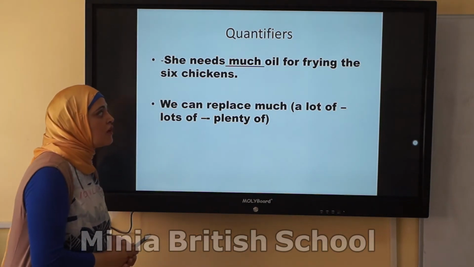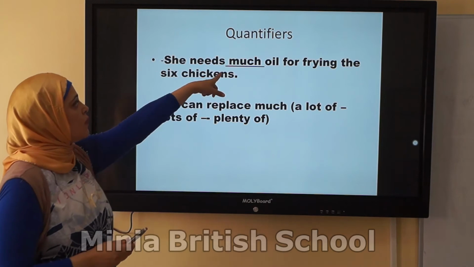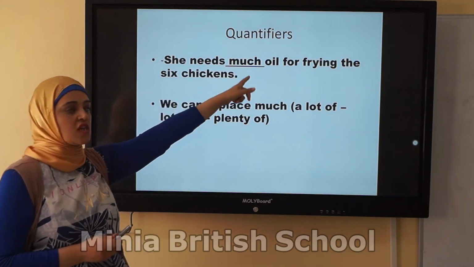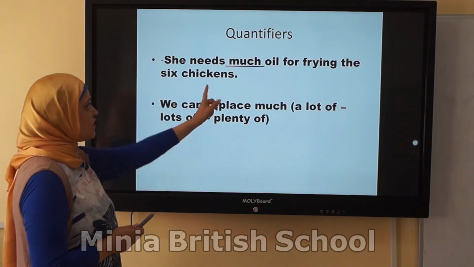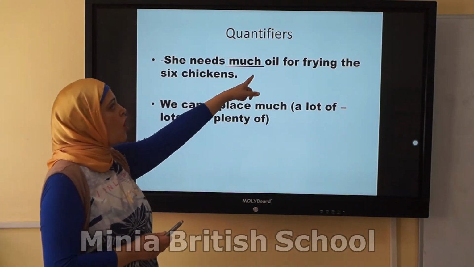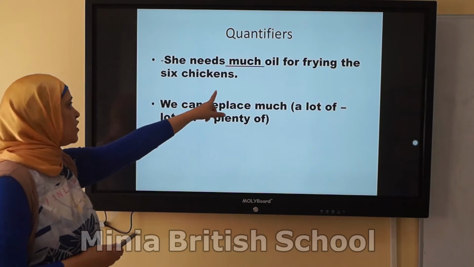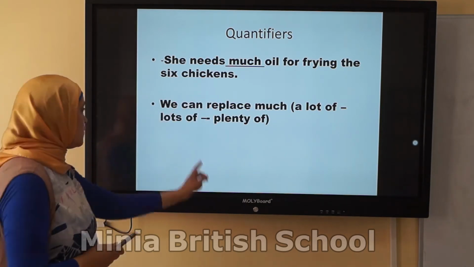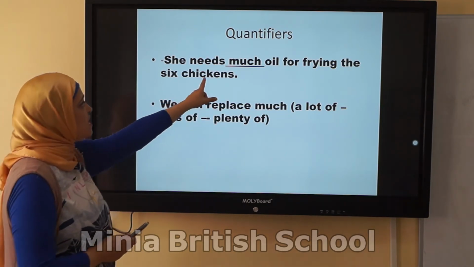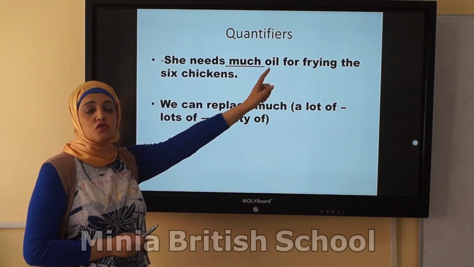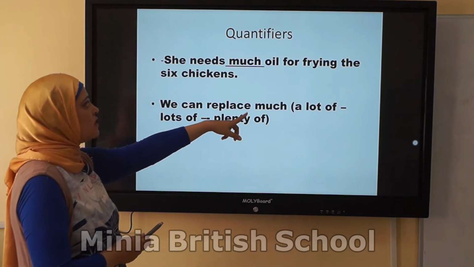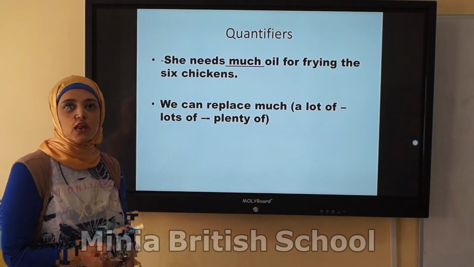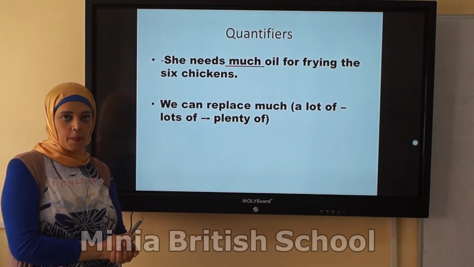As we see here, instead of much, we can use lots of. If I said she needs lots of oil for frying the chickens, it's right. Also if I said she needs plenty of oil, it's also right. And also when I say she needs a lot of oil for frying the chickens, it's also right.